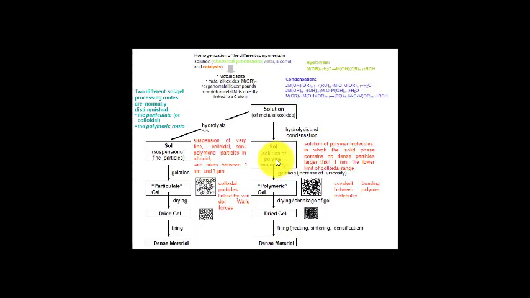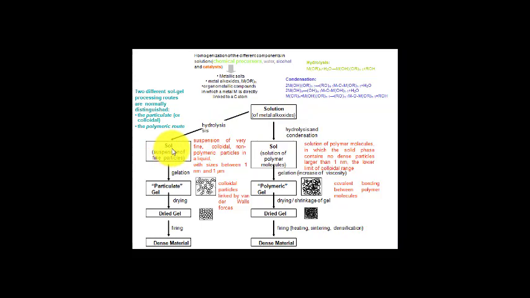So overall, the sol-gel method can be seen in this picture. We have a solution where hydrolysis occurs. There can be two different routes, one is the left route and the second one is the right route. The difference is that we have a solution of metal alkoxide.